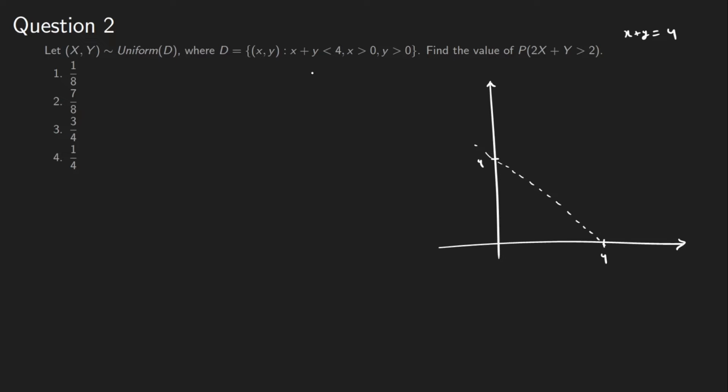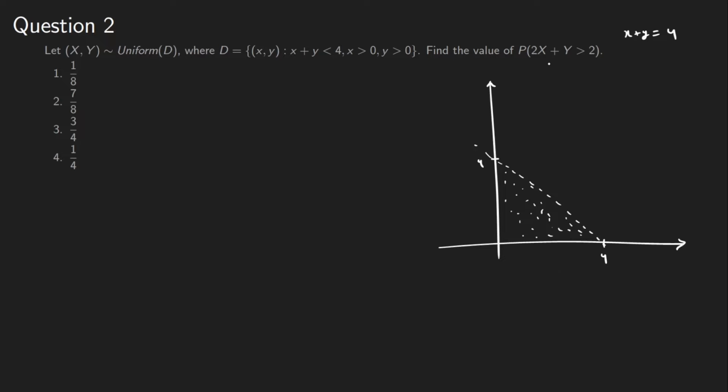Now the region D is the points where x plus y is less than 4, but x and y both are greater than 0. So we cannot take points in this region, but we have to restrict ourselves to the region only within this triangle.